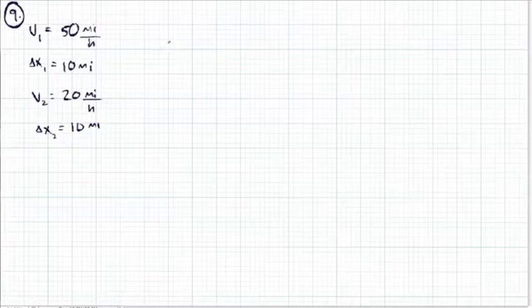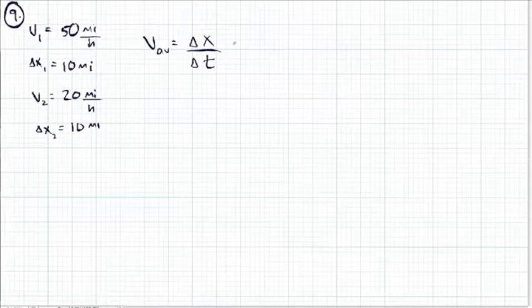If you recall from back in the earlier parts of this chapter, we talked about how the average velocity of a trip is the total displacement over the total time.